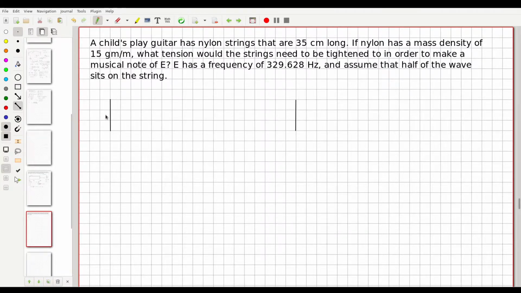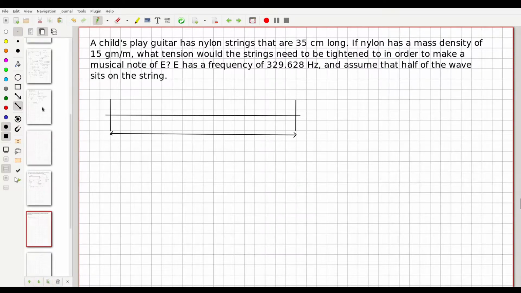So here's our string right here, like that. Now we know the distance between here and here. It's 35 centimeters, and that's relevant to us because half of a wavelength would be sitting here. Okay, so we'd be able to find out the wavelength from knowing this.